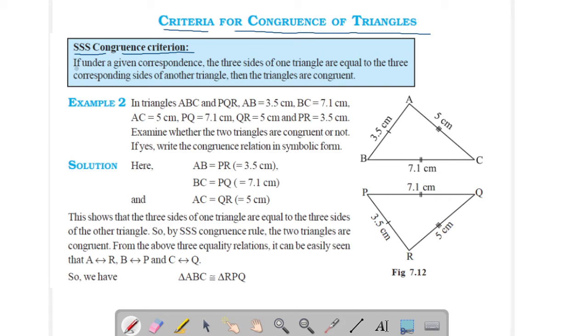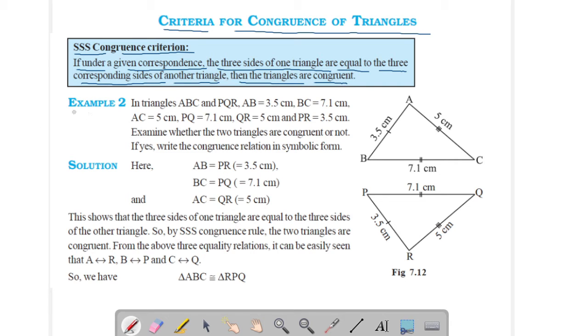That is, if under a given correspondence, the three sides of one triangle are equal to the three corresponding sides of another triangle, then the triangles are congruent.